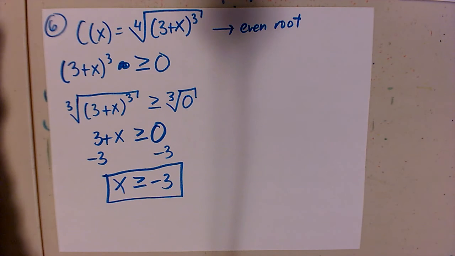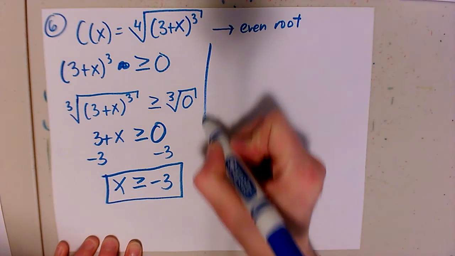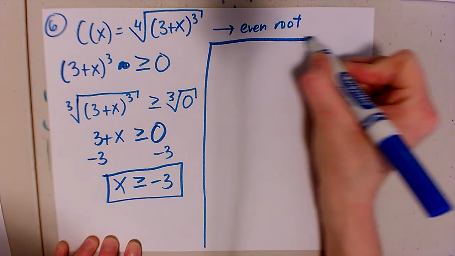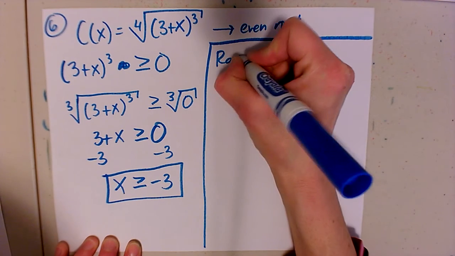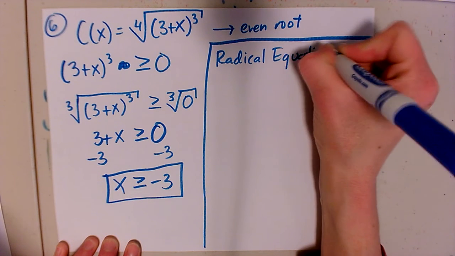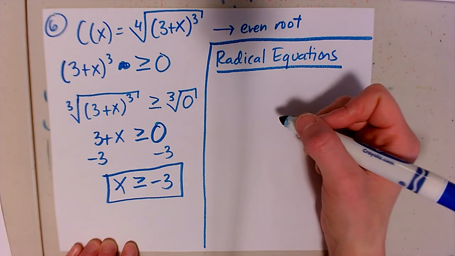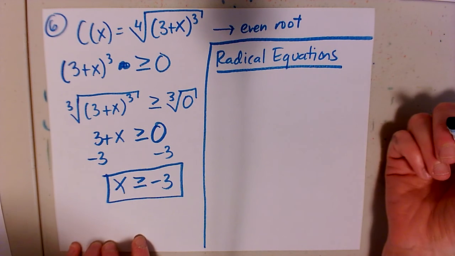The next thing that comes up in this section is radical equations. Okay, so radical equations is part of 741. And we can solve radical equations by getting rid of the square root.